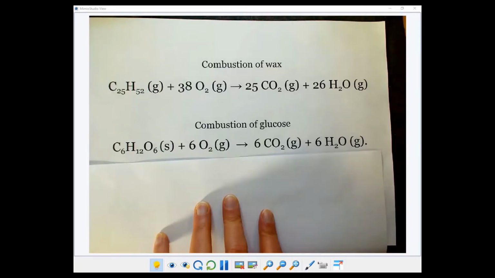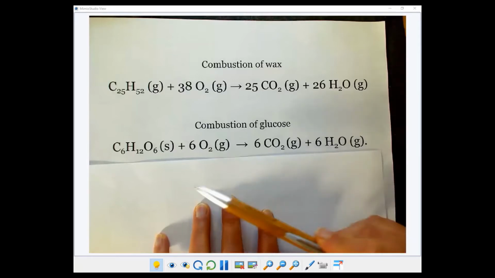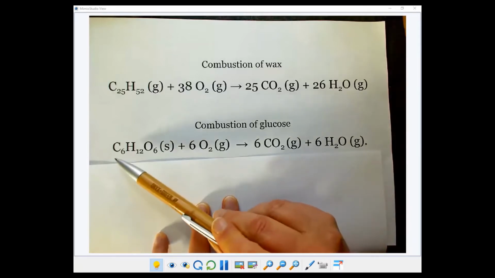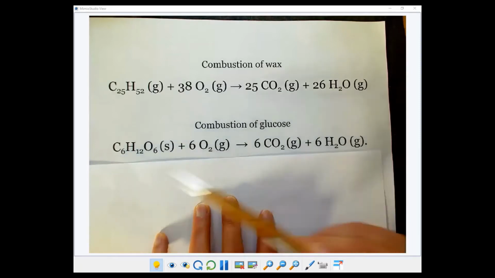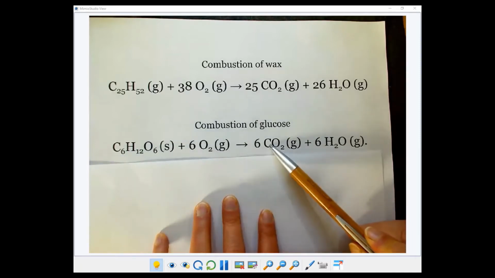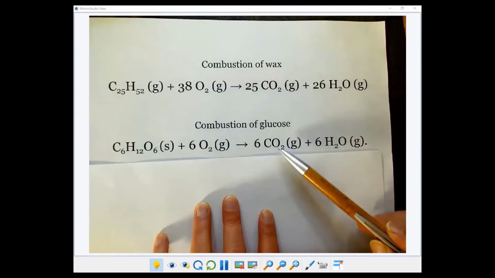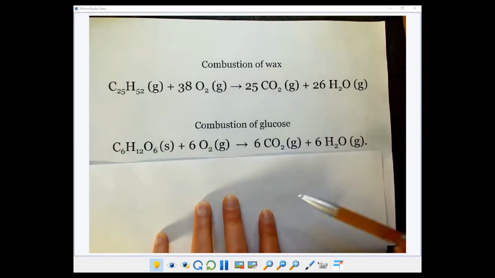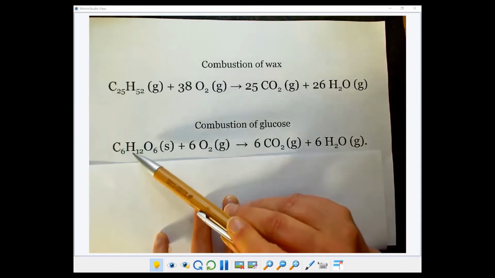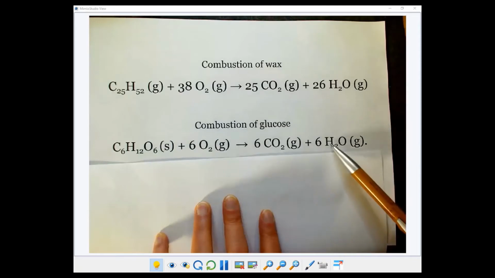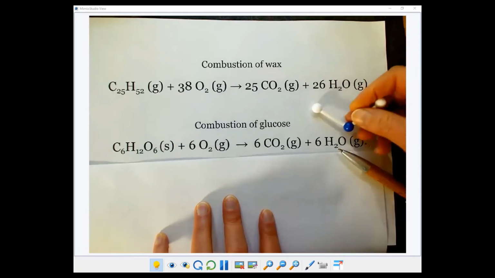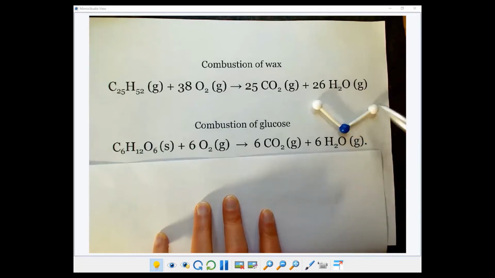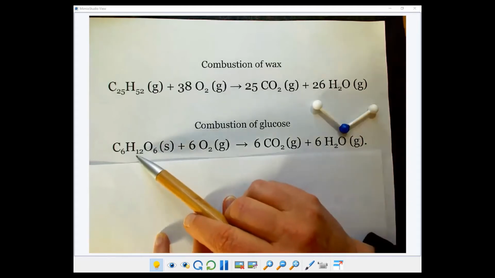Is the equation balanced? Look, there's 6 carbons here, 6 carbons there. The carbons are balanced. And I bet if you check, there is 12 hydrogens here. Look, 2 times 6. For each water there's 2 hydrogens, and there's 6 of them, so that means there's 12 total hydrogens over here.